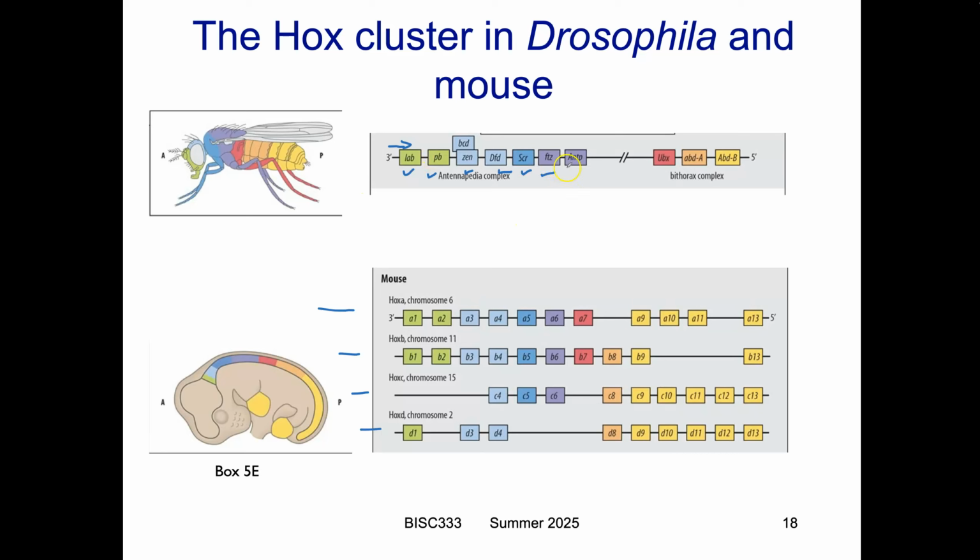And so they're basically transcribed in the order that they are expressed, and they all have complex regulatory regions. In the mouse, as I said, there are 4 different complexes, and they're called the A, B, C, and D complexes. Notice that the numbers of the chromosomes don't in any way match up with those letters. And the only one I would like you to remember is this one.